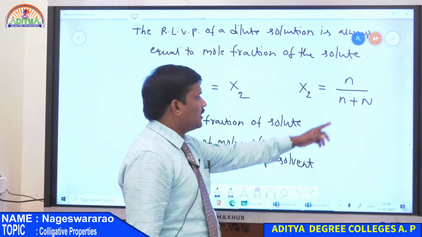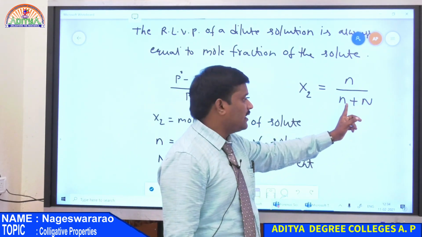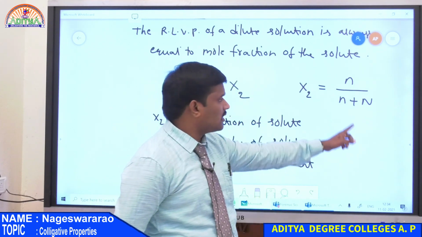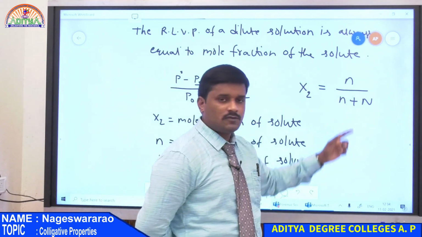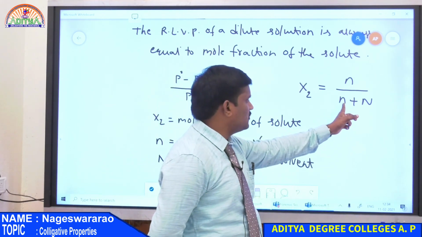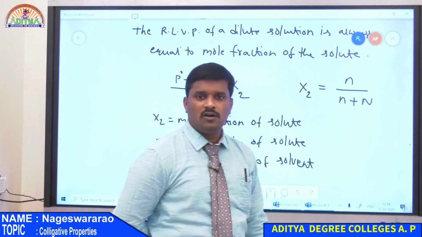Therefore, it is the number of moles of solute divided by the total number of moles of solute as well as solvent, that is, the total number of moles of all components. Here there are only two components: small n for solute and capital N for solvent.